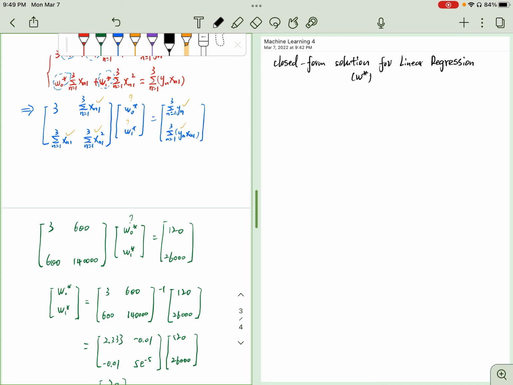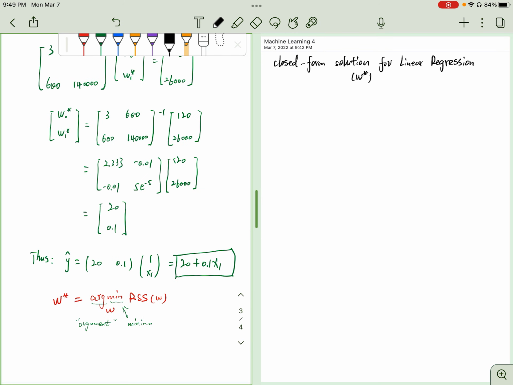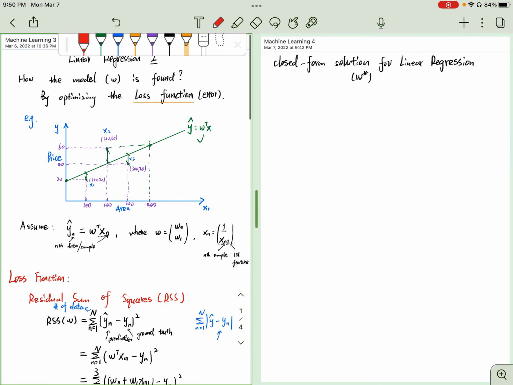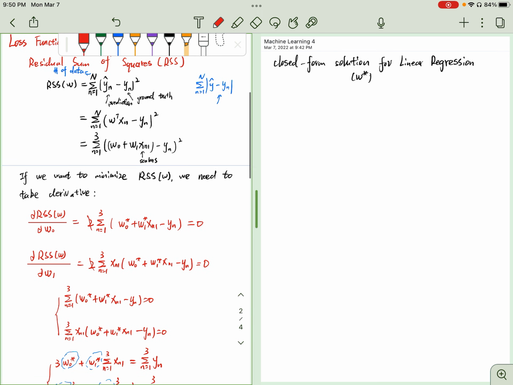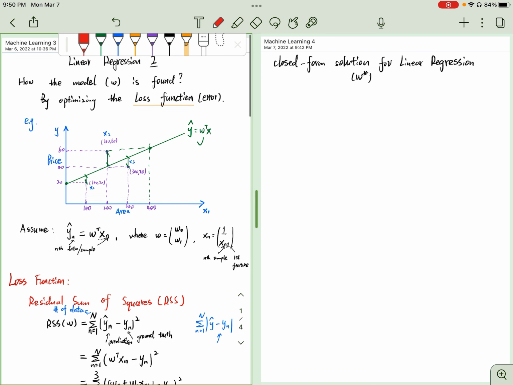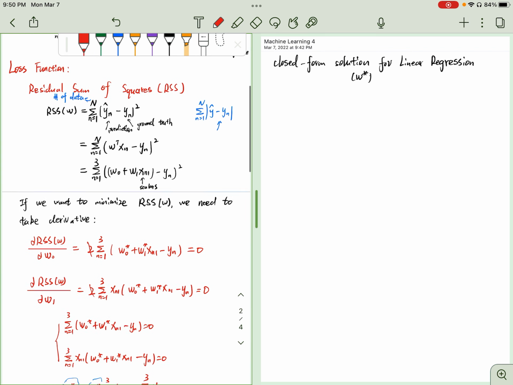In the last video, although we obtained this omega star, it was based on a very simple example with only one feature, and we could calculate it by hand. But what if in real practice we have so many features and so much data?